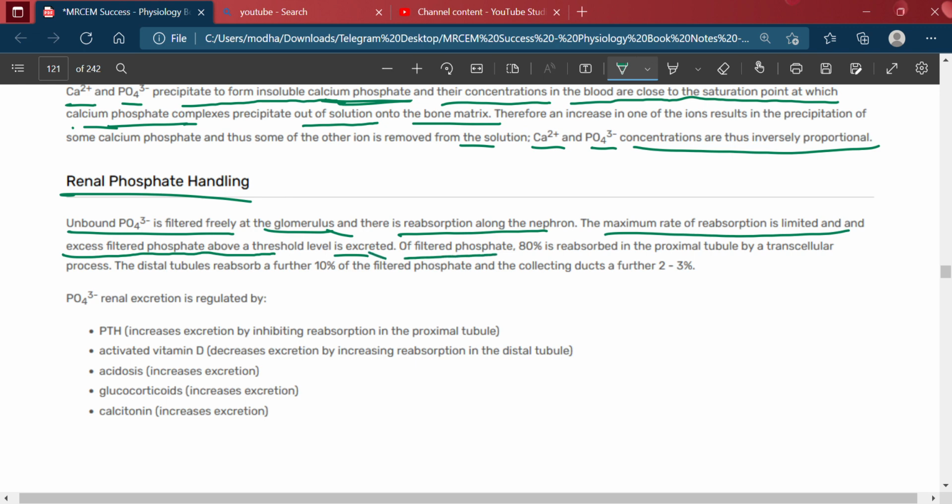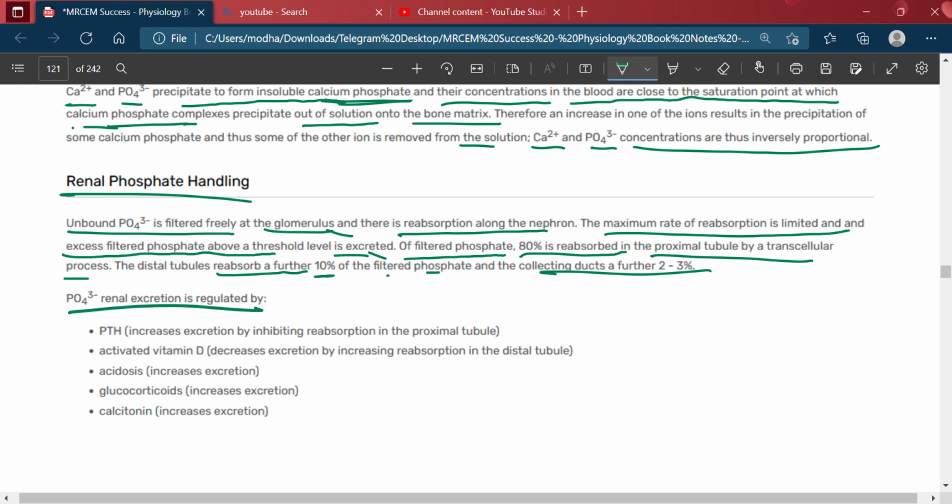Of filtered phosphate, 80% is reabsorbed in the proximal tubule by the transcellular process. The distal tubule reabsorbs a further 10% of the filtered phosphate, and in the collecting ducts it is about 2 to 3%. So maximum reabsorption occurs in the proximal, then the distal, and the collecting duct.